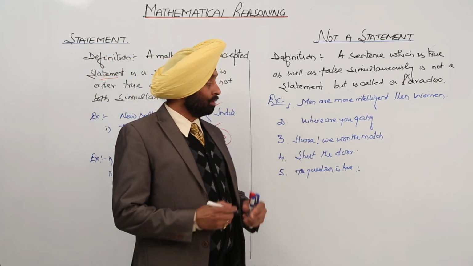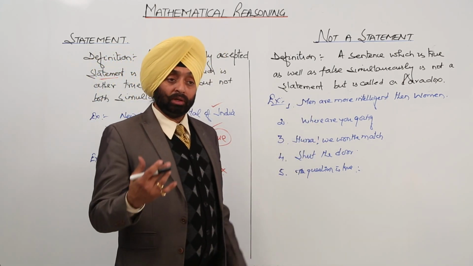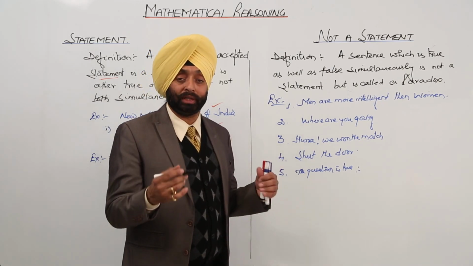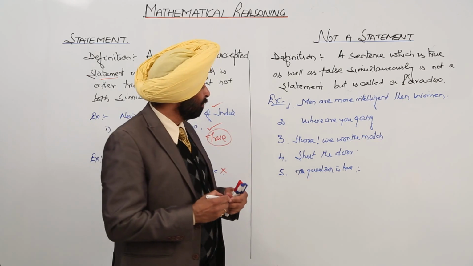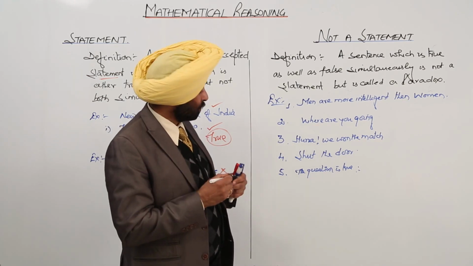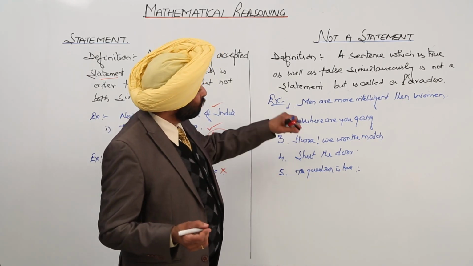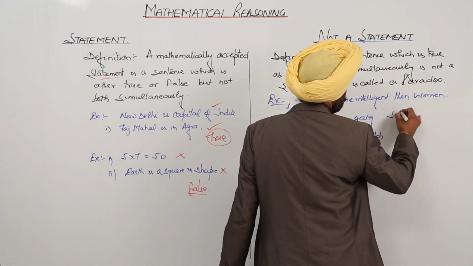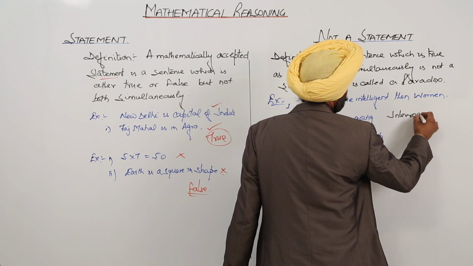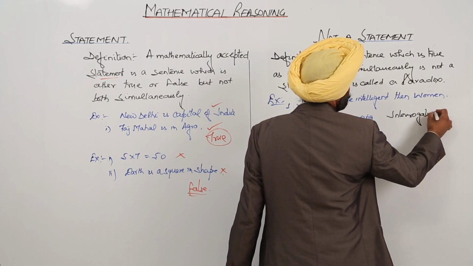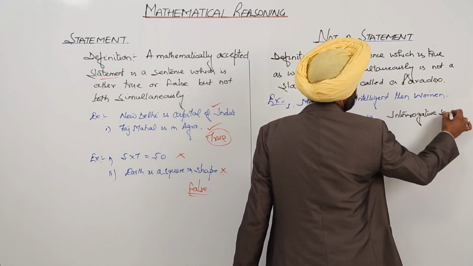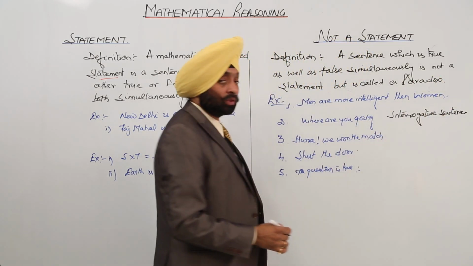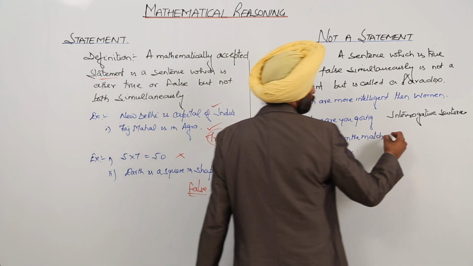Where are you going? Now what is this, where are you going? You can't say, sir, this is true or this is false. Basically what it is from the English point of view, English means language, your subject. Where are you going? Interrogative sentence. Hurrah, we won the match! Exclamatory sentence.